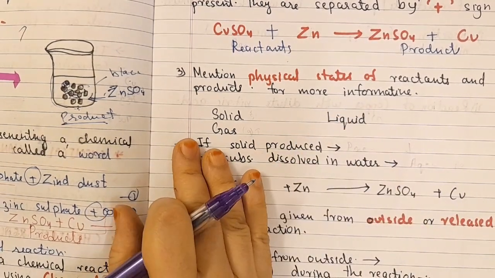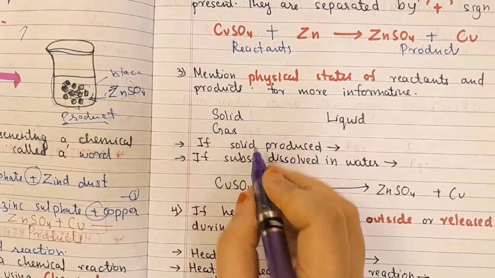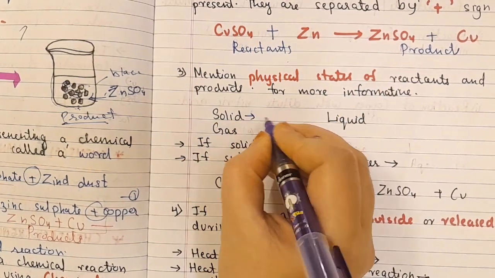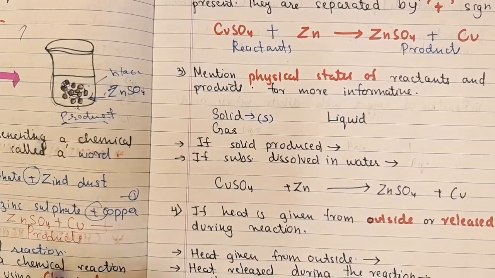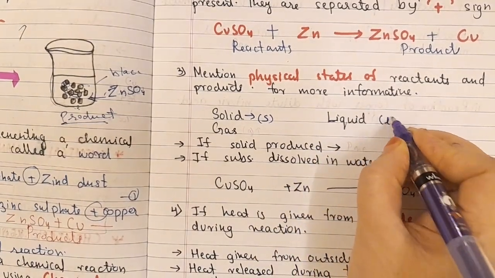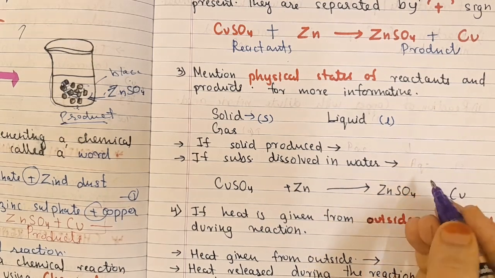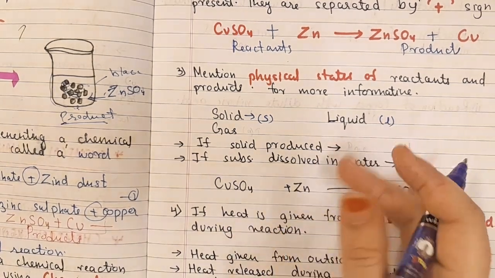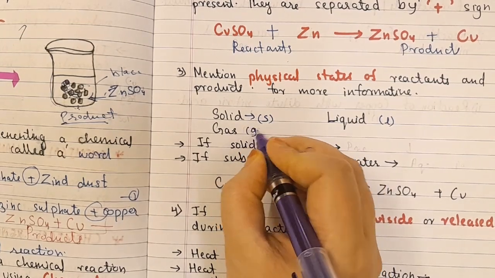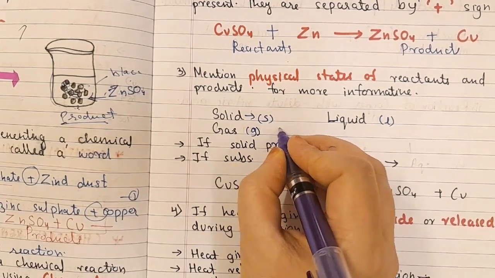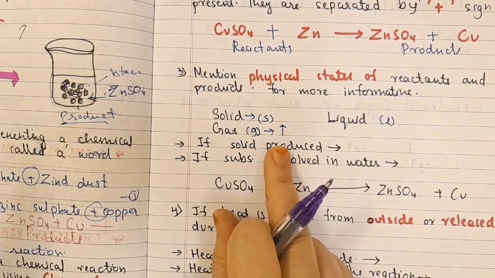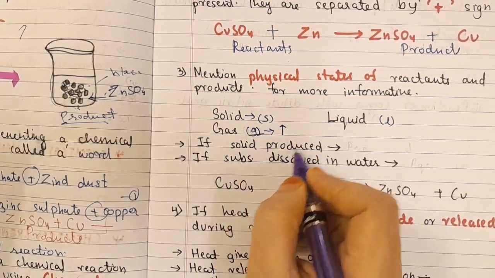If the reactant or product is solid, we will write S, and if it is liquid, we will write L. If a gas is formed in the reaction, we will write g, or we will put an arrow upwards.